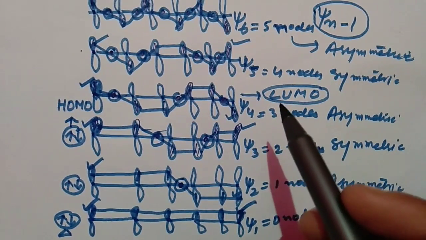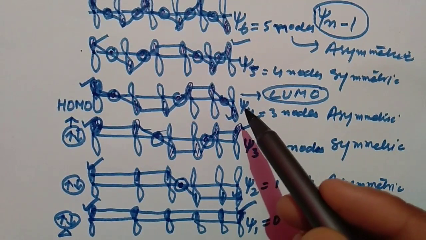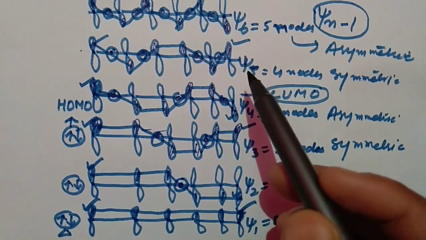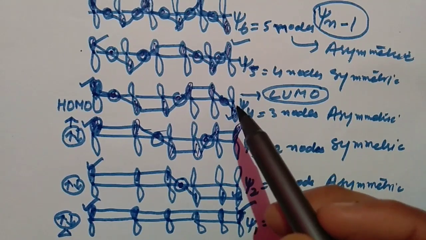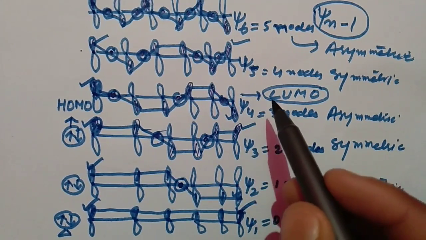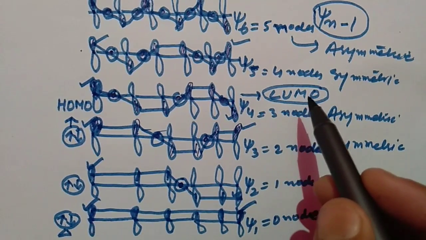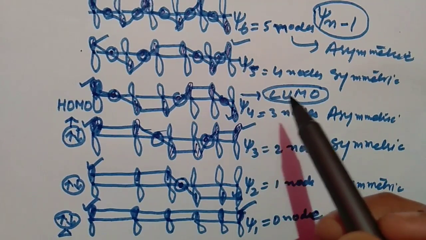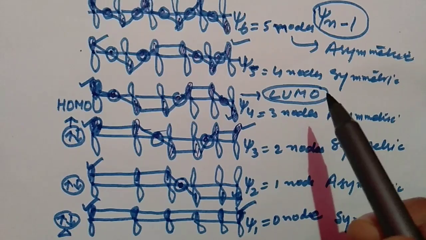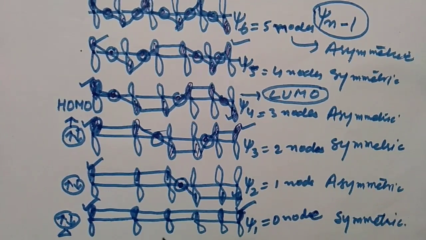Psi 4 is the lowest unoccupied molecular orbital and psi 6 is the highest unoccupied molecular orbital.